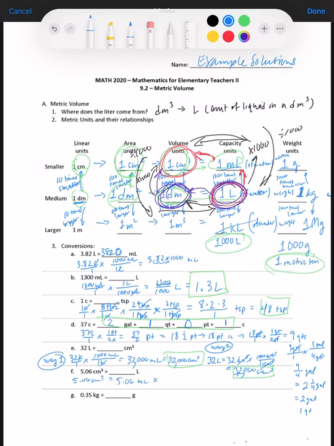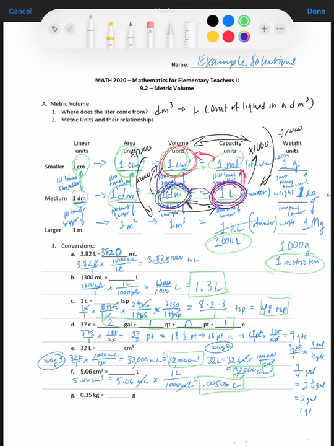And then we're going to multiply that by 1 liter for every 1,000 milliliters. Okay, and so we're doing 5.06 divided by 1,000. Moving the decimal to the left 3 places, I get 0.00506 liters. Because our milliliters cancel here, we get liters.